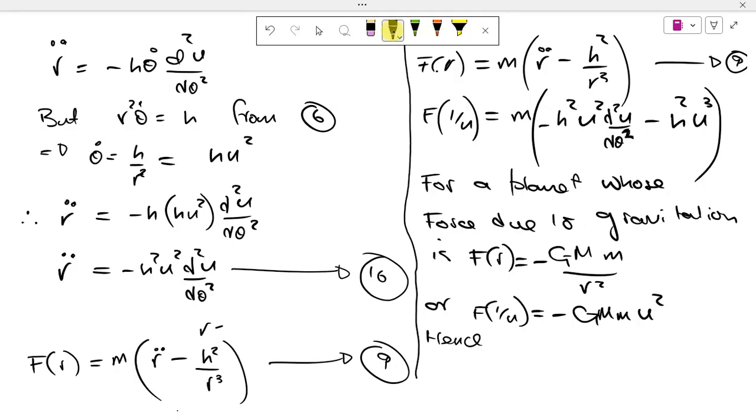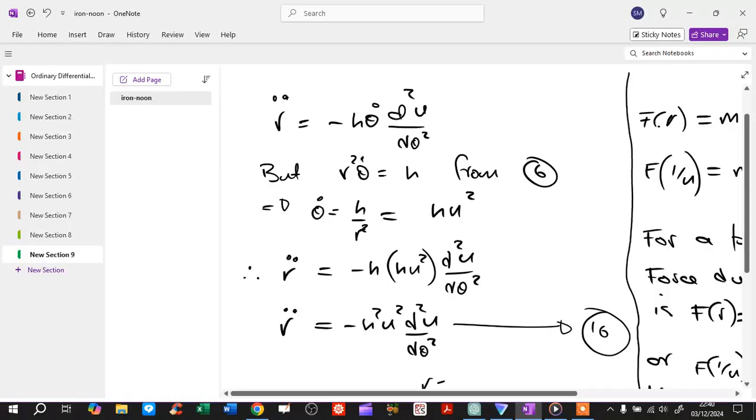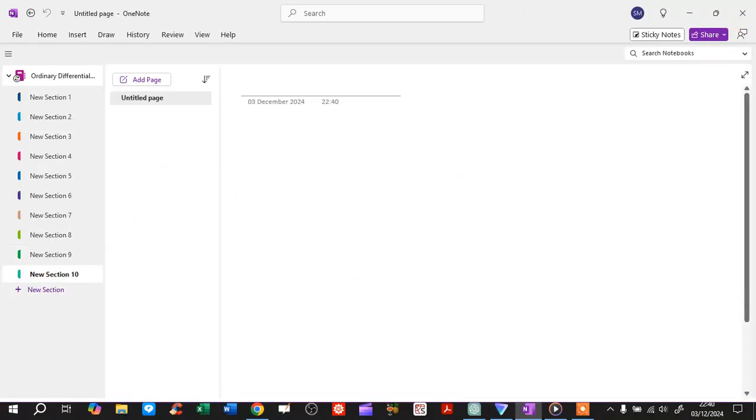we have, and I'm going to go on to the next page now because I really can't cram that in.